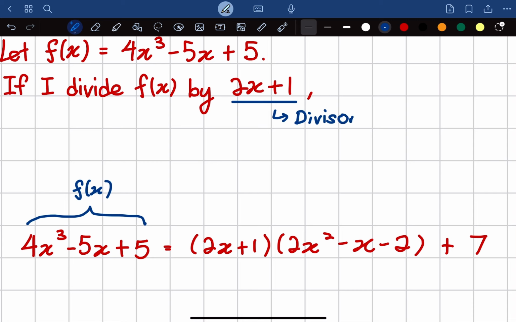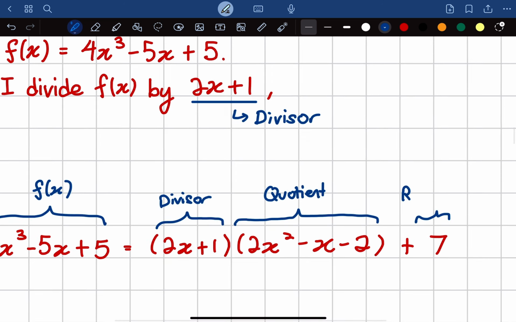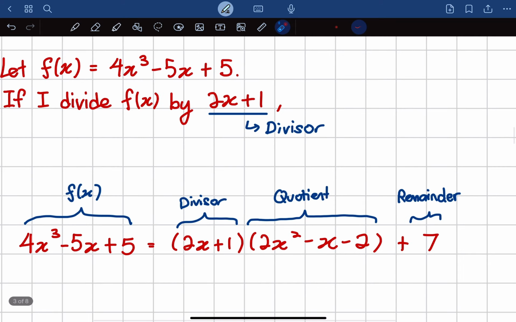So it can be rewritten as a divisor times a quotient, and at the back I add a remainder. Any polynomial we can rewrite in this form as long as I divide it by a divisor. But how do we even obtain this form?